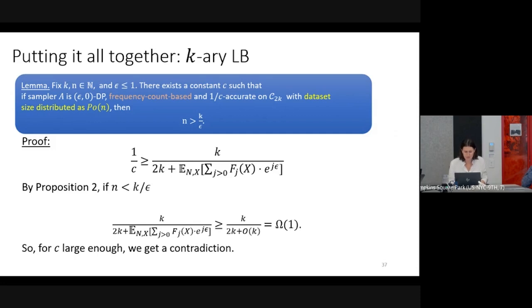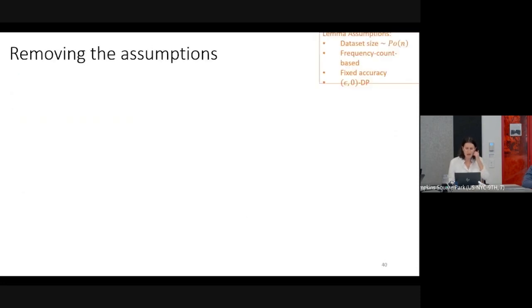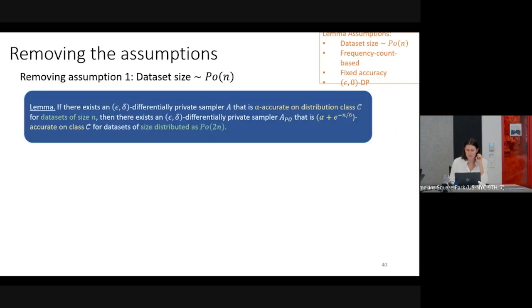Sure. So let's talk about how to remove the assumptions. One thing we assumed was that the data set size is distributed as Poisson of n. And in the paper, we prove that you can remove this assumption just incurring a small additive term on the accuracy, where higher accuracy is worse.